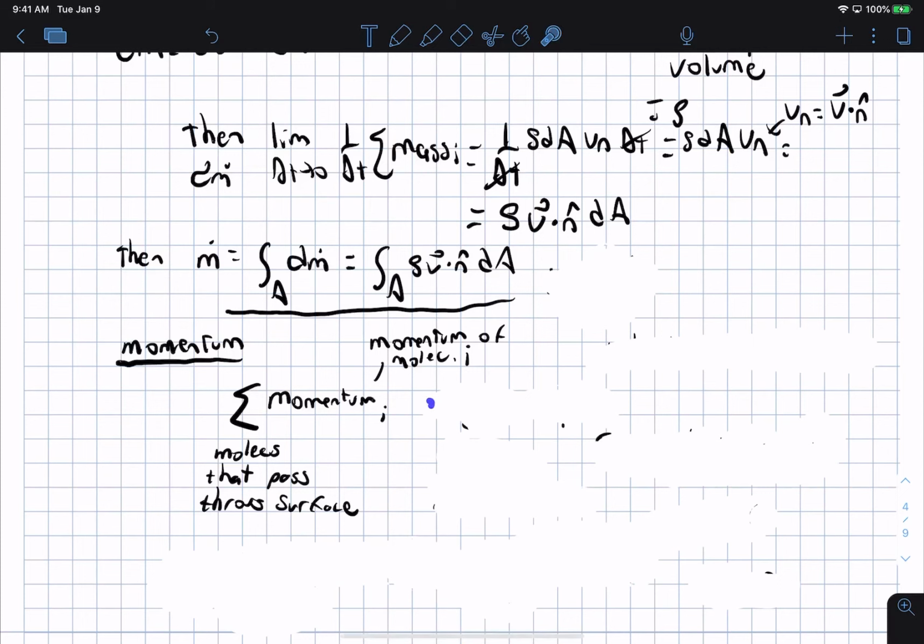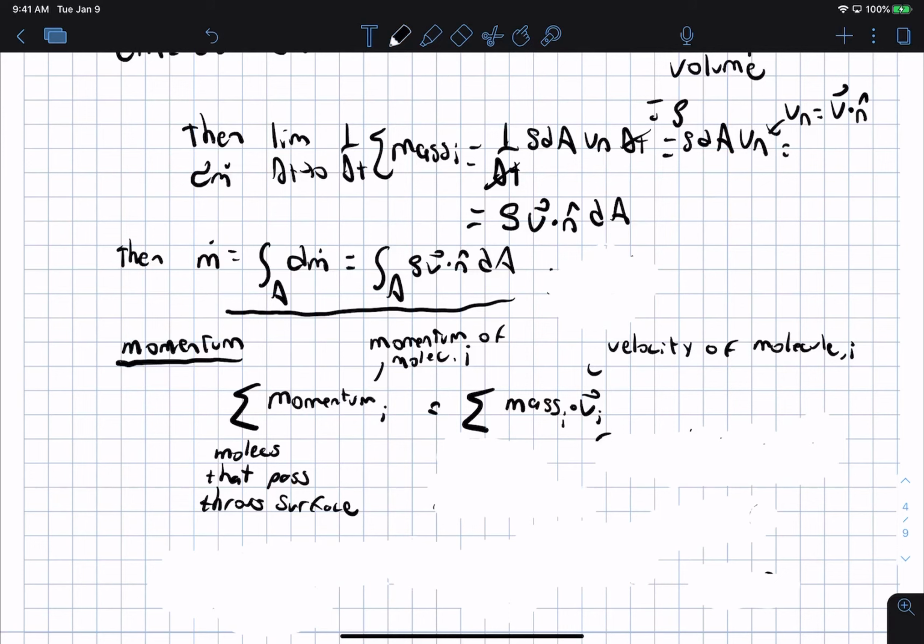Well, momentum is nothing more than mass times the velocity, where v_i is the velocity of molecule i, and again, this is the sum over all the molecules that are passing through the surface in time delta t.